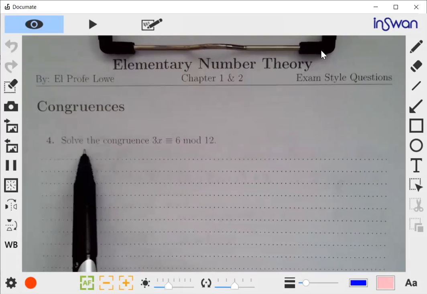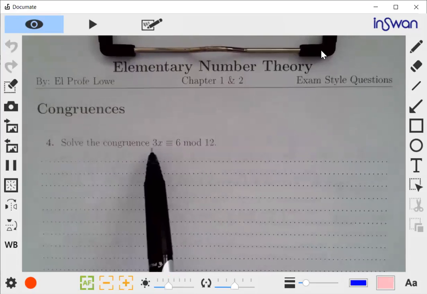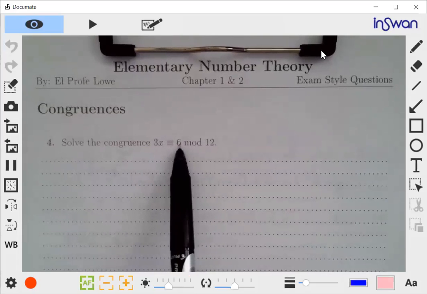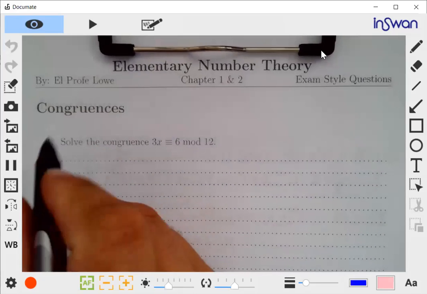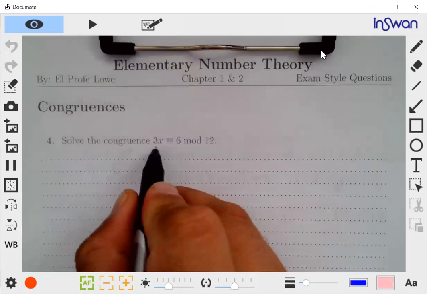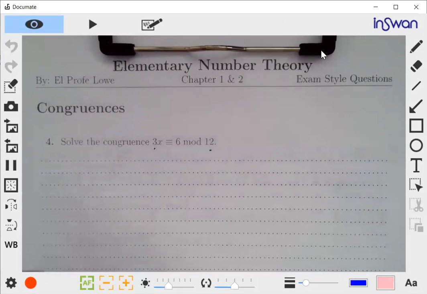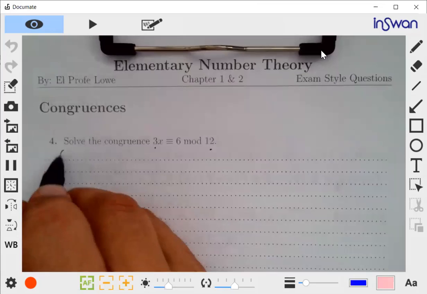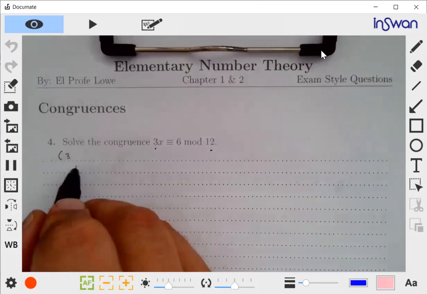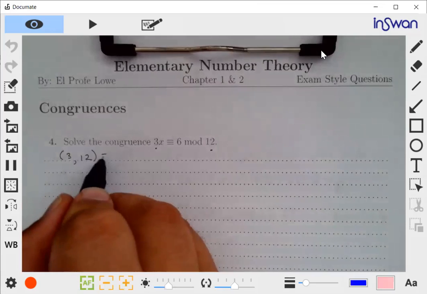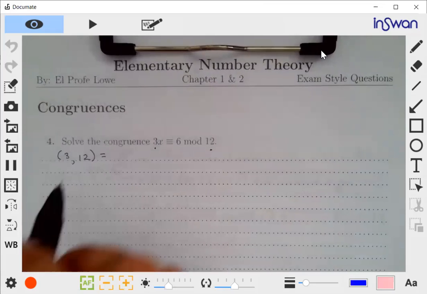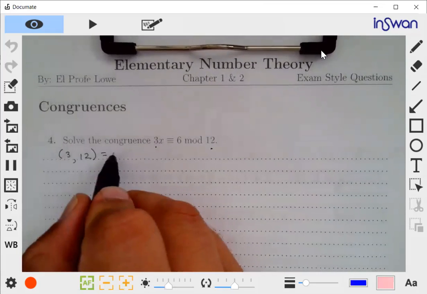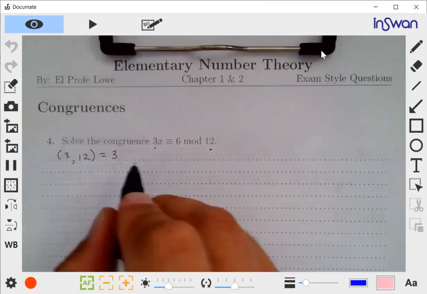So we want to solve this congruence that 3x is equivalent to 6 modulo 12, right? Now in order to solve these, we always have to check the greatest common divisor of 3 and 12, and the greatest common divisor of 3 and 12 is 3, right?